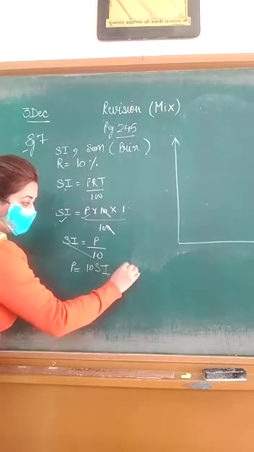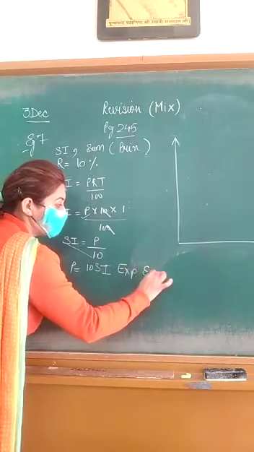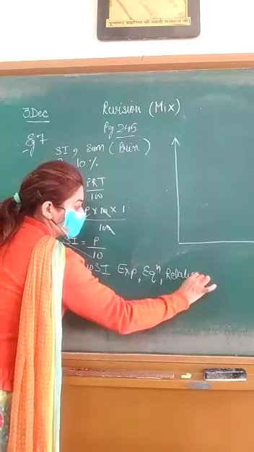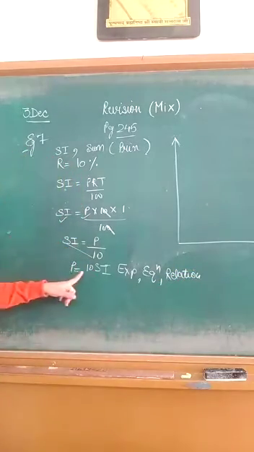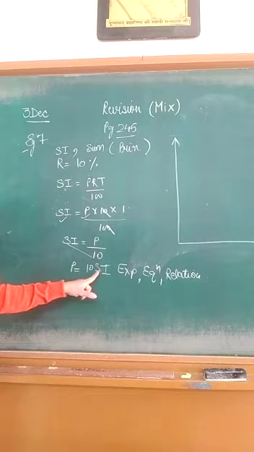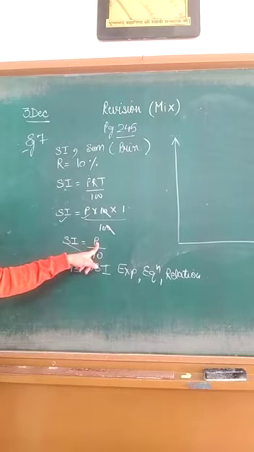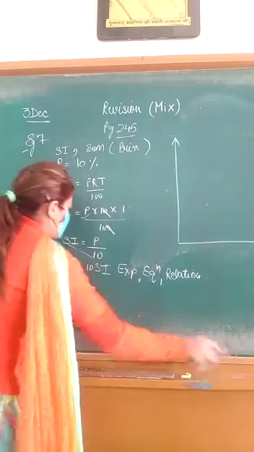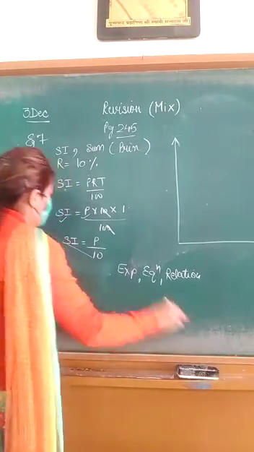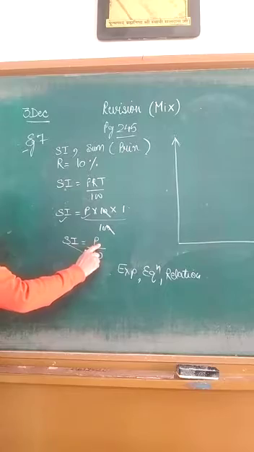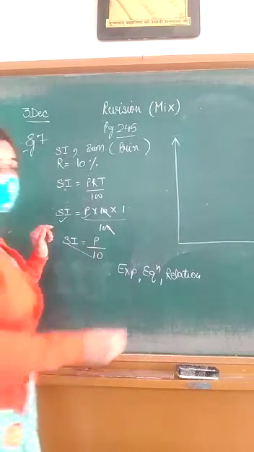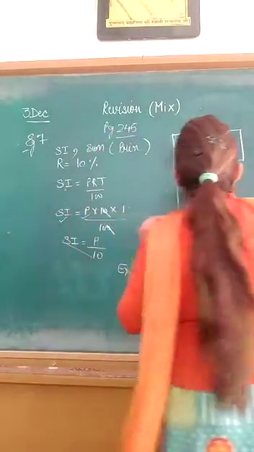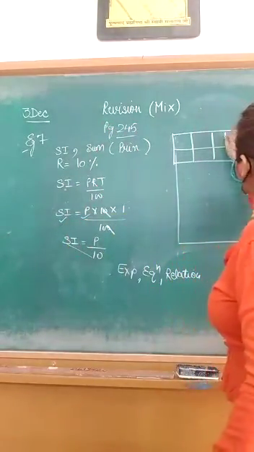This is your expression, or you can say equation, or you can say relation, as we have discussed in the last video also. So you will put different values for principal here, or you can put different values for simple interest here. But now we will put different values for principal. So for this you will draw one table, and in this table you will write different values for the principal.